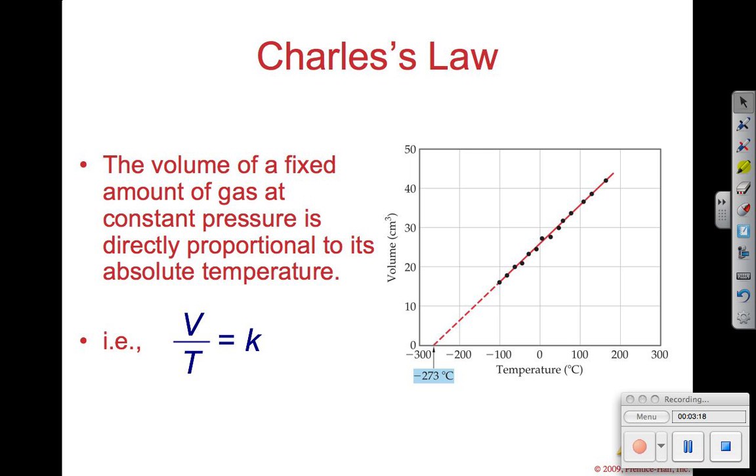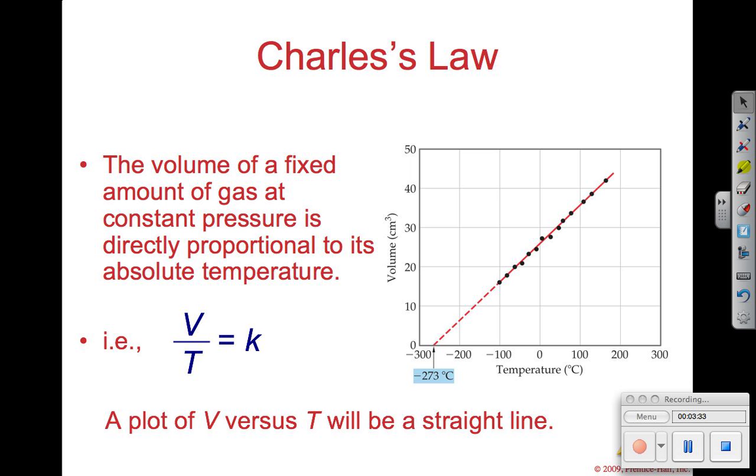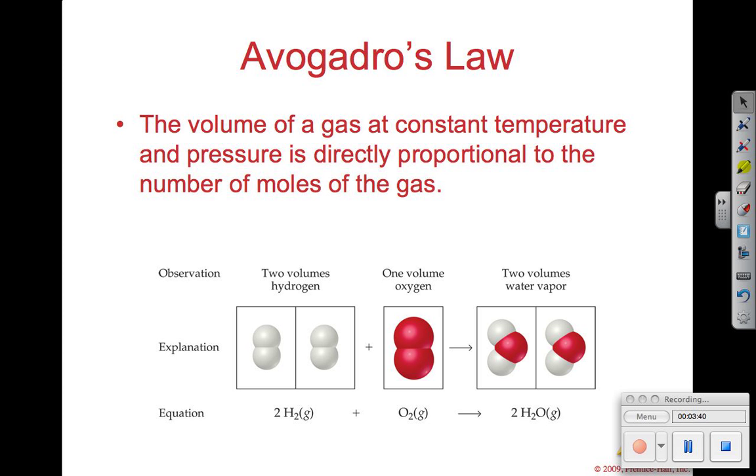If you have a balloon, you've got gases moving around, bouncing around, colliding on the inside, and technically the atmosphere colliding on the outside of that balloon. Well, as you get colder, that volume is going to get smaller and smaller. So it's a linear relationship. As temperature goes up, volume goes up. As temperature goes down, volume goes down of a gas.